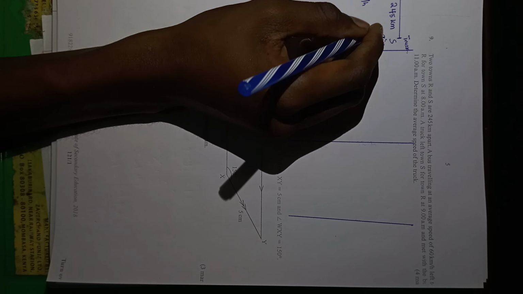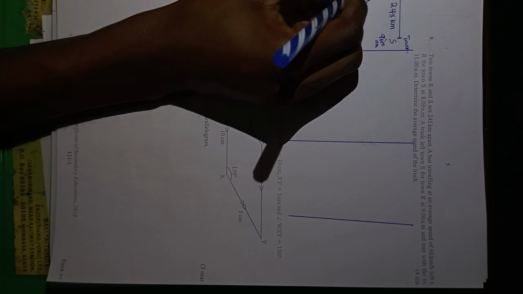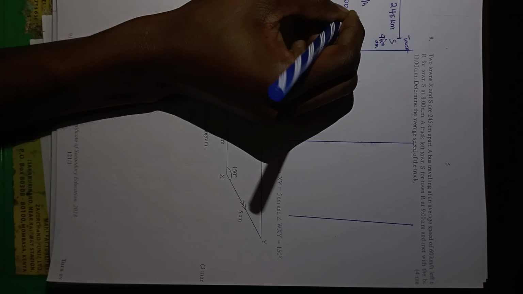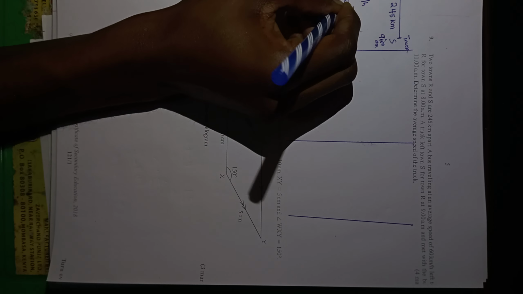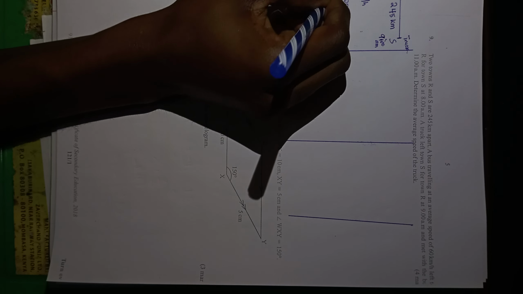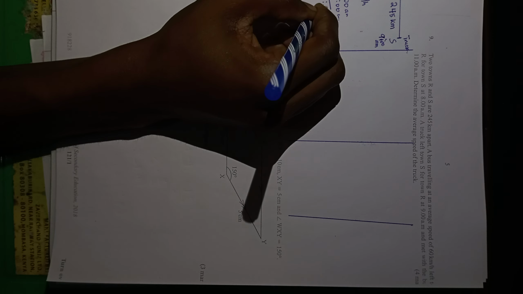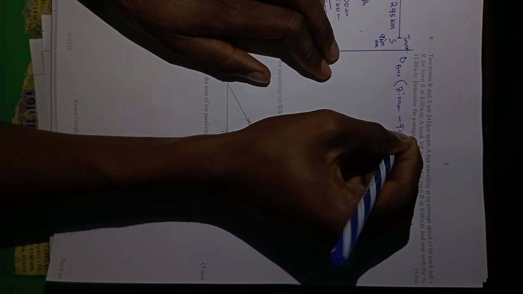This is a period of 1 hour: 9:00 a.m. minus 8:00 a.m. gives us 1 hour. So the distance covered by the bus within 1 hour, from 8:00 a.m. to 9:00 a.m. Distance is speed times time.